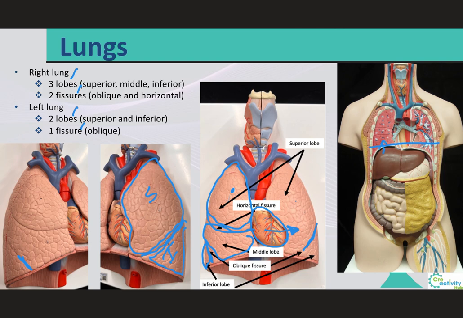And this is due to the fact that on the right side, you have this big organ right over here, which is the liver. So the liver sort of elevates the lung a little bit on the right side. So it's a little bit more superior compared to the left lung.